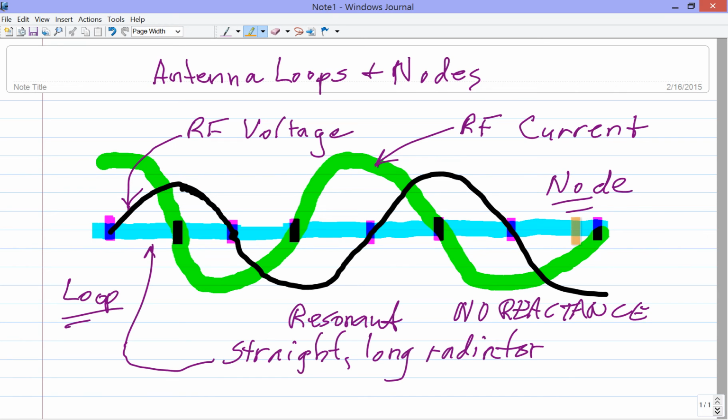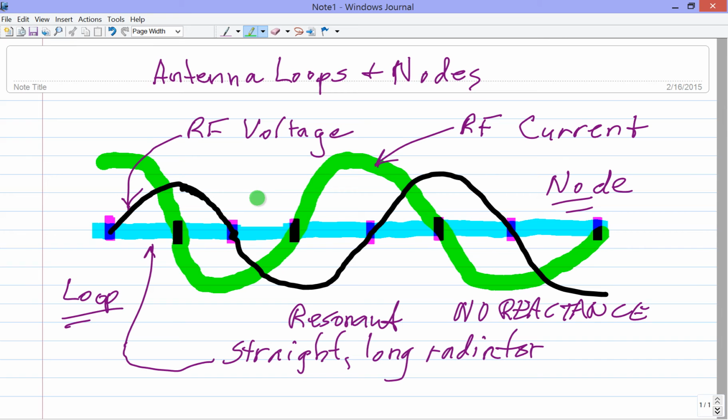If you feed the antenna at a voltage node, here, here, here, or here, you will get a relatively low purely resistive impedance. The very, very high impedances can be hundreds or even thousands of ohms. The low purely resistive impedances are typically on the order of 50 to 100 or 150 ohms, a good match for coaxial cable of the sort that amateur radio operators like to use.